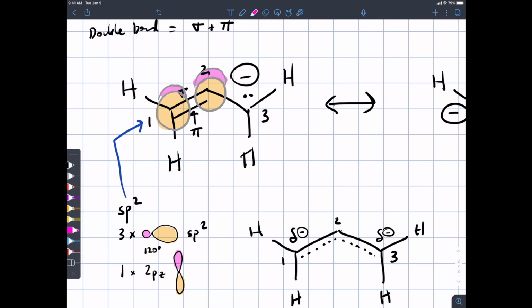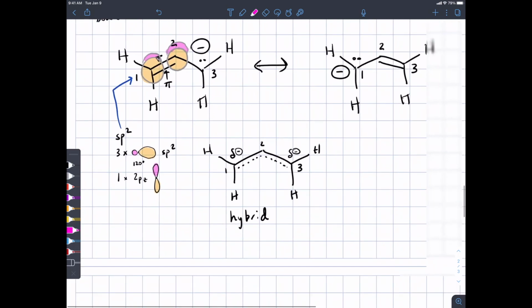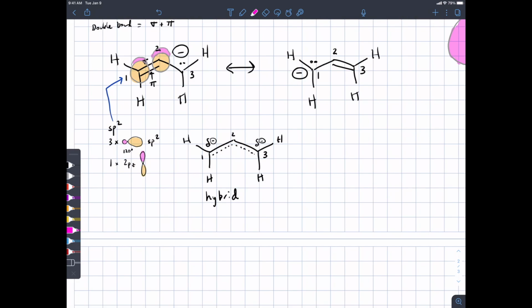Okay? We're going to get the pi bond from side-by-side overlap of those p orbitals. So if we take the 2pz orbital and add it to the other 2pz orbital, we get what's called side-to-side overlap.